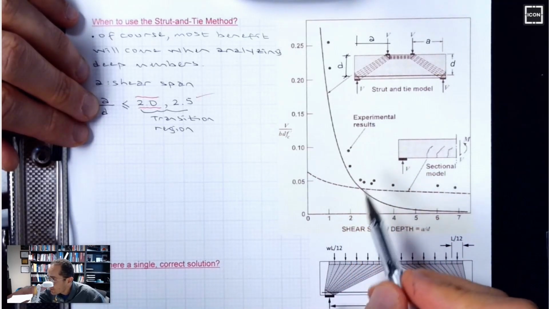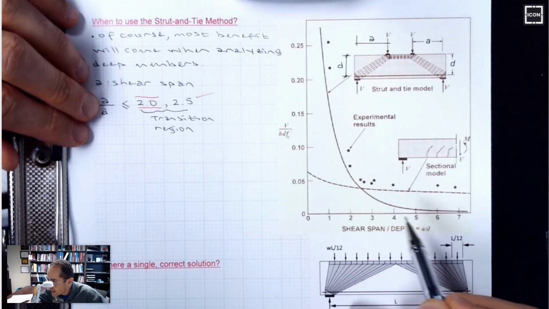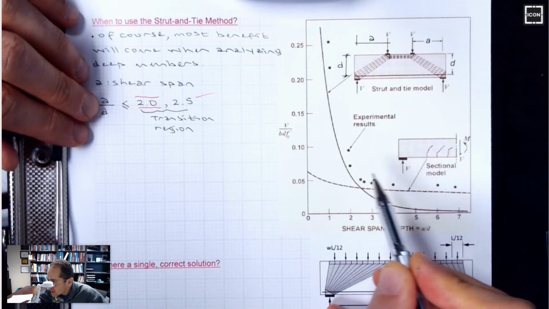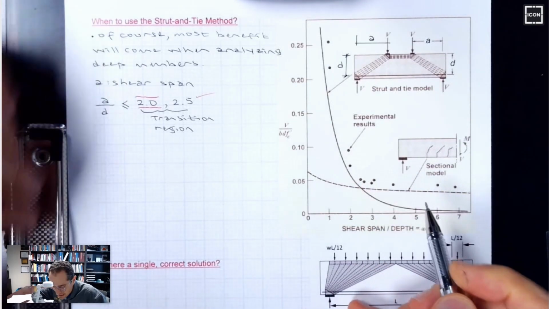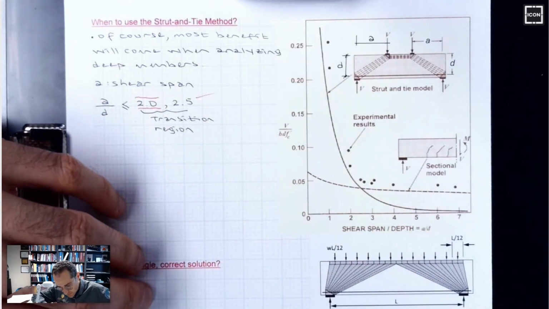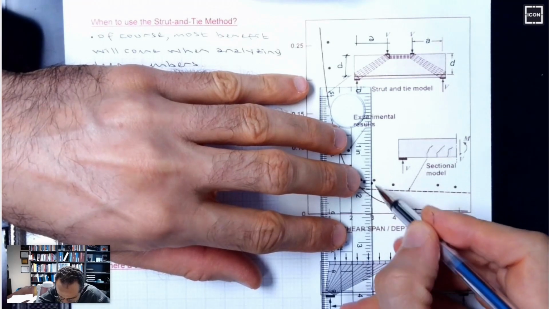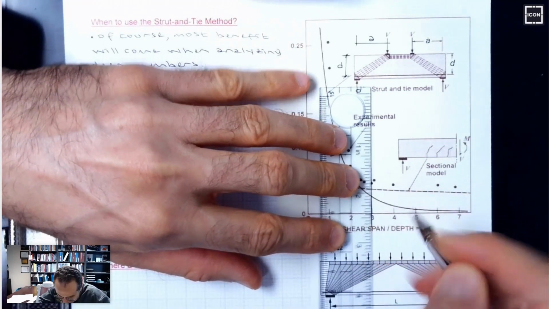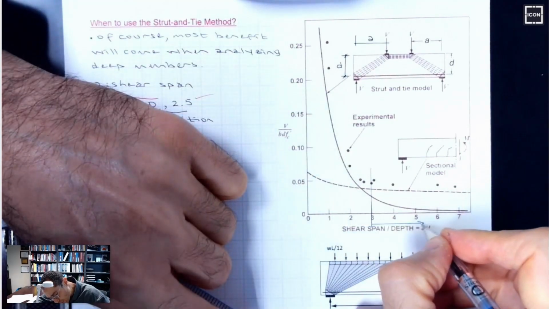If you look at shear span to depth ratios larger than 3, your sectional method performs very well, right? So this is the slender region, we cut this at 3. If it is larger, it's slender.